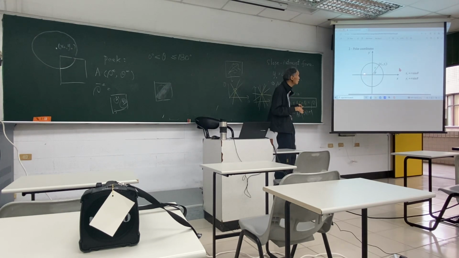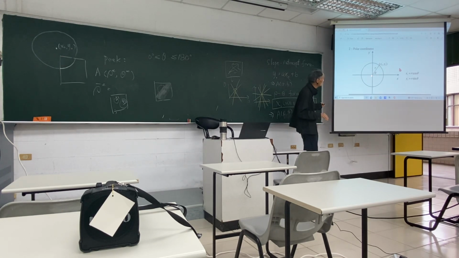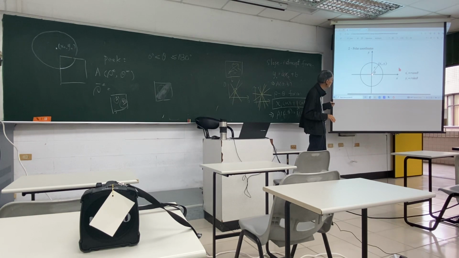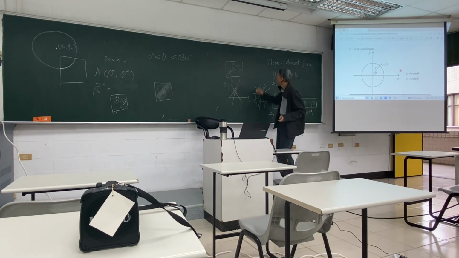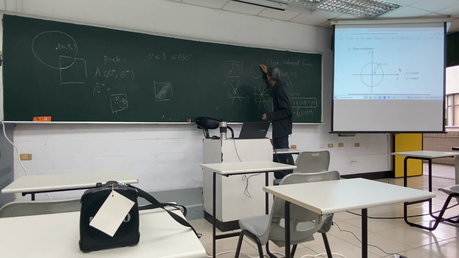But for the circle, you might have an opposite point right here, but the angle, you need to add 180, right? If you have a point here, then the opposite point xj, yj.